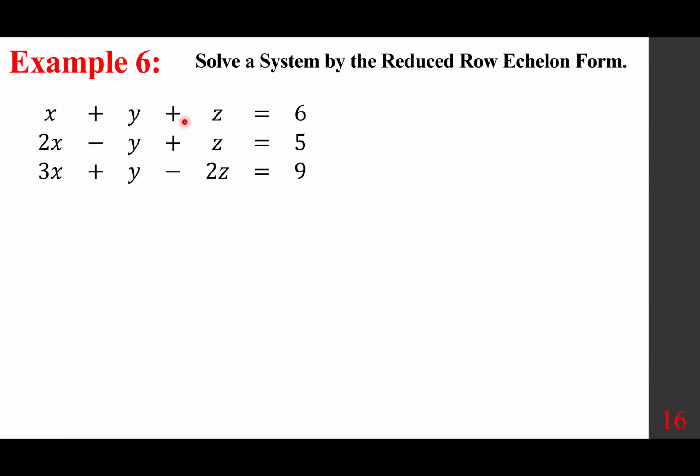X plus y plus z equals 6, 2x minus y plus z equals 5, 3x plus y minus 2z is 9. You want to solve it. And at this point, you have enough practice to do it by hand. We are going to use the technology. First and foremost, we need to write the augmented matrix. 1, 2, 3, 1, -1, 1, 1, 1, -2, 6, 5, 9.